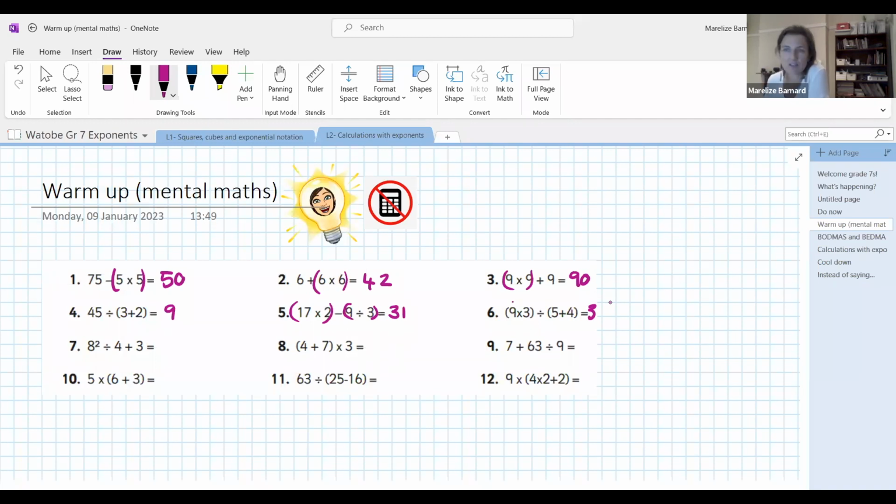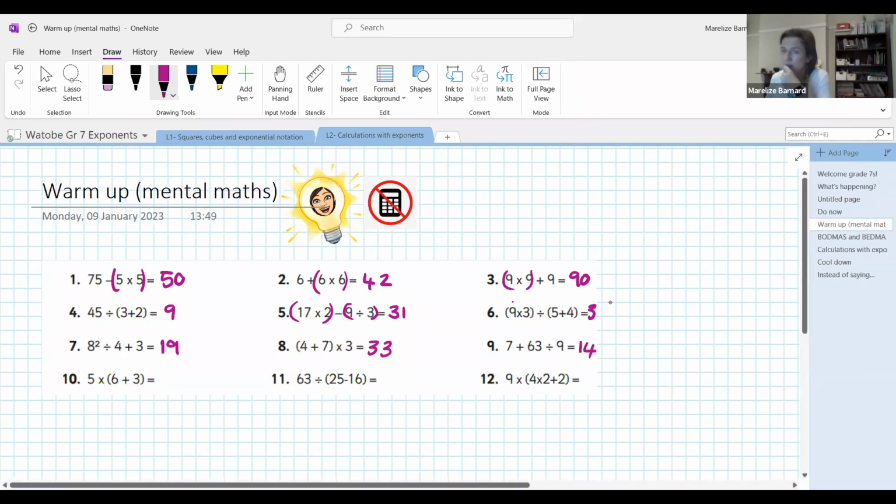8 squared, here's our squares. They are going to creep in much more. So 64 divided by 4 is 16, I think, plus 3 is 19. And then 4 plus 7 is 11 times 3 is 33. 63 divided by 9 is 7 plus 7 is 14.